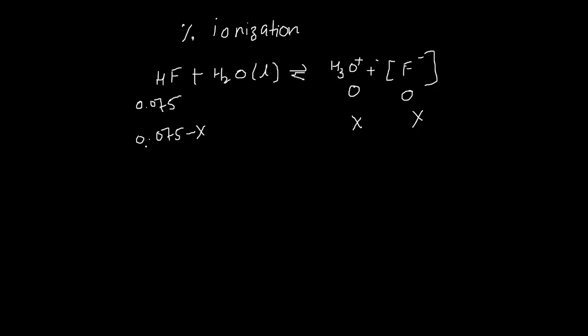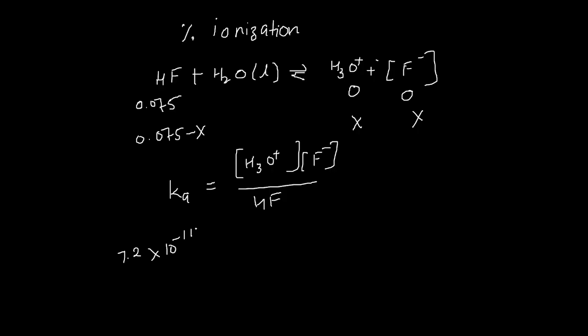So in that case, you can calculate the acid dissociation constant, Ka, which is equal to H3O positive times F negative divided by HF, and suppose this is given as 7.2 times 10 to the power minus 11. You can see minus 11, and Ka is very small, which means it is a very weak acid, because for a strong acid the value of Ka is very high.